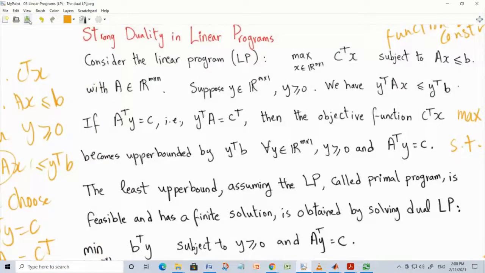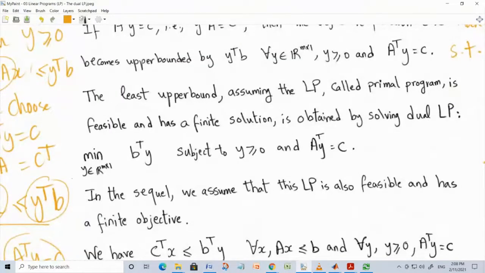If you upper bound something, you may be interested in the least upper bound, because this is the closest to the true quantity you are interested in. The least upper bound will come by solving a certain optimization problem: minimize b transpose y.